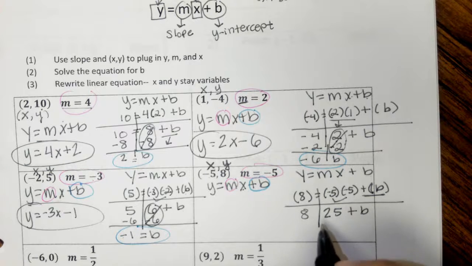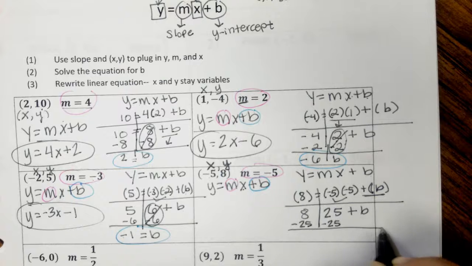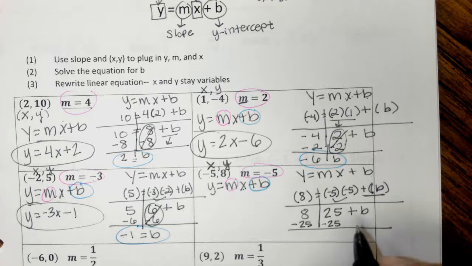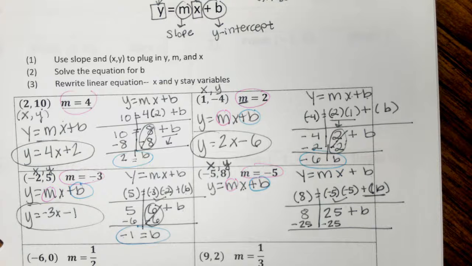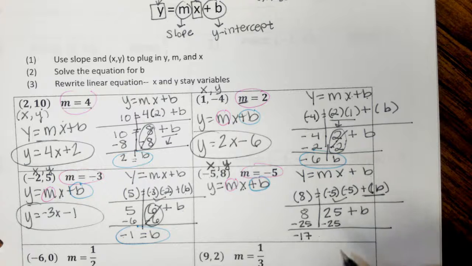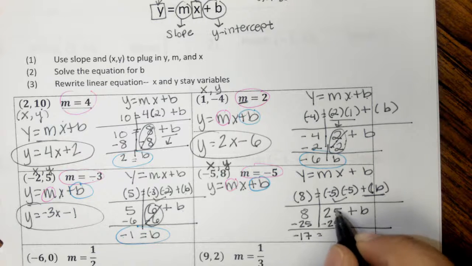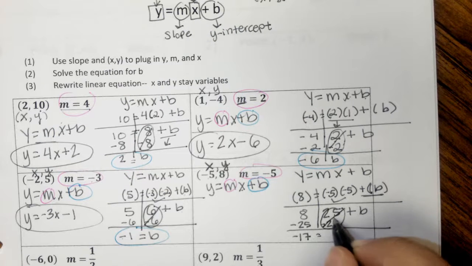That's a +25, so to undo it, we will subtract 25. On the left side, 8 minus 25 is -17. On the right side, 25 minus 25 is a 0 pair, and 0 plus b is b.